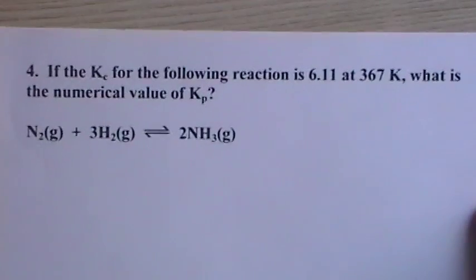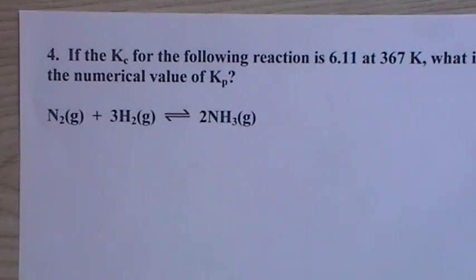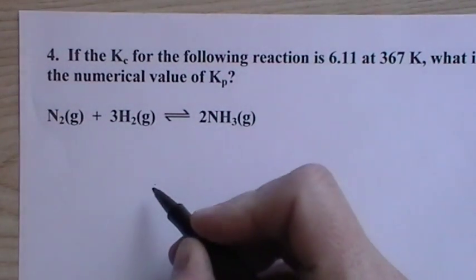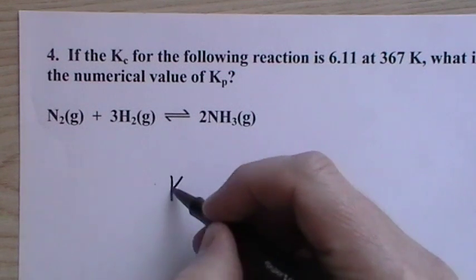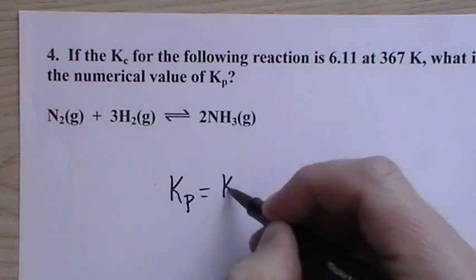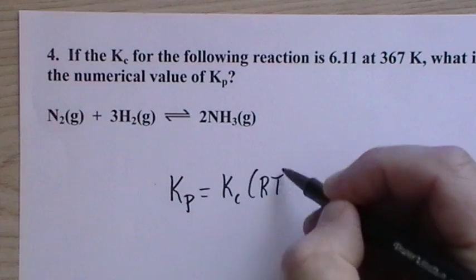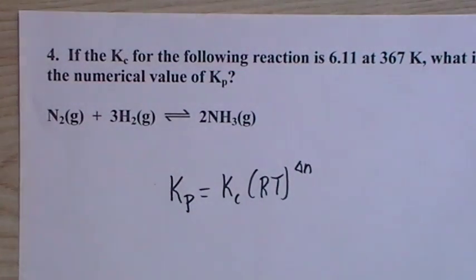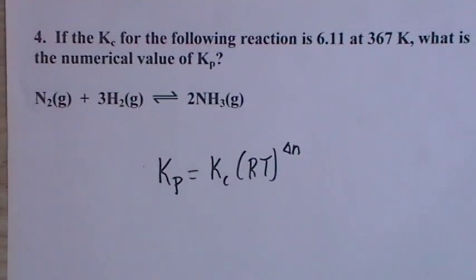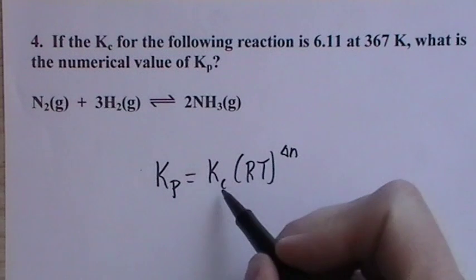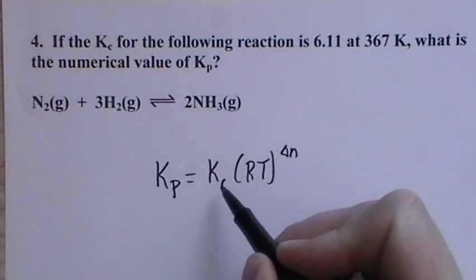Now for this, as I said, Kp and Kc are not necessarily the same. They're related in this way. So we have the equilibrium constant in terms of concentrations, which is Kc.